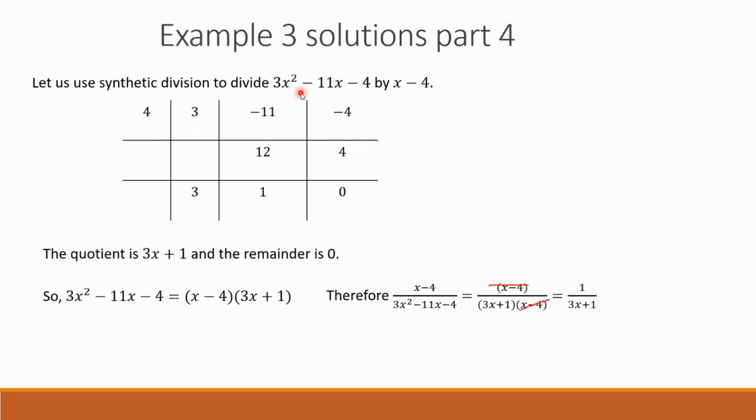So we factored it, but we used synthetic division to factor it. We knew by the factor theorem that x minus 4 is a factor. So from here, plugging in the factored form, the x minus 4's go bye-bye, and we're left with this.